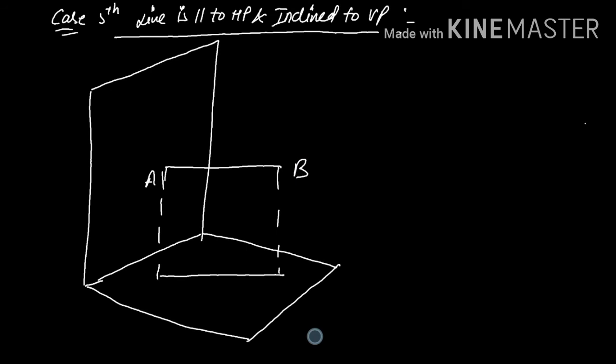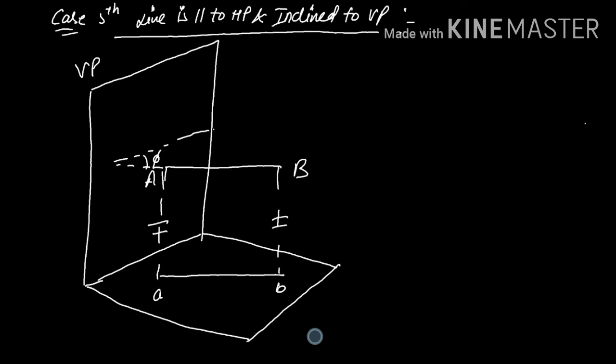As this line is parallel to HP, since this distance and this distance are equal, if you extend this line, it will make a certain angle phi with VP, the vertical plane.